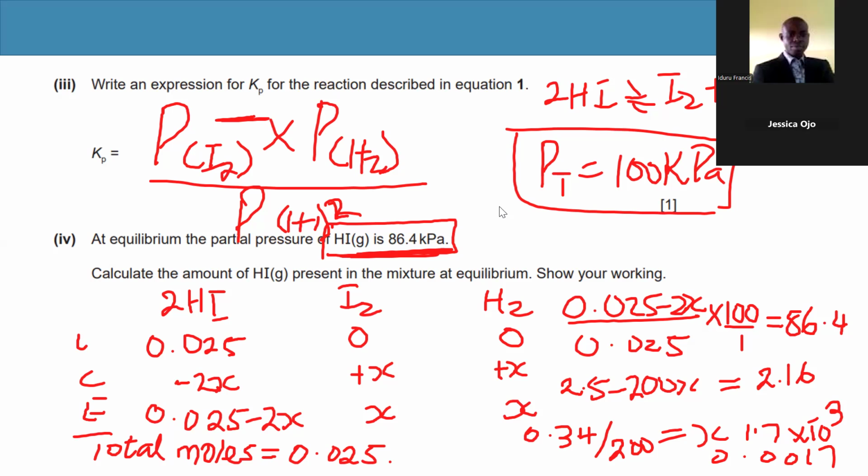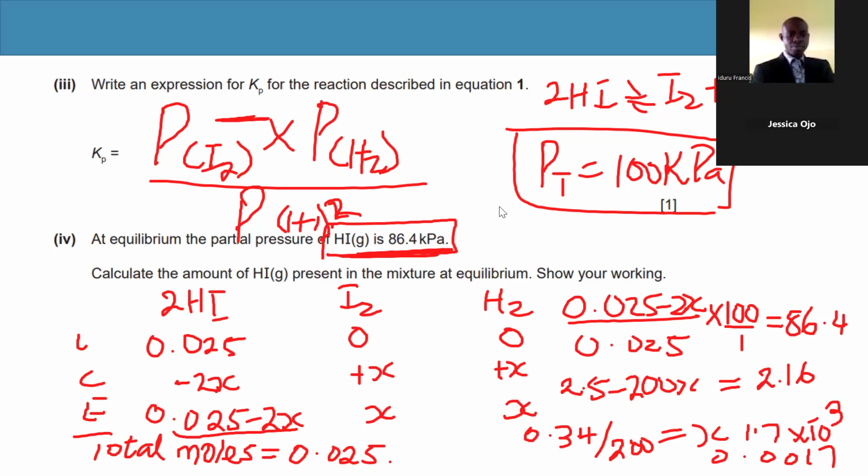So you now subtract that from the initial: 0.025 minus 2 times 0.0017.